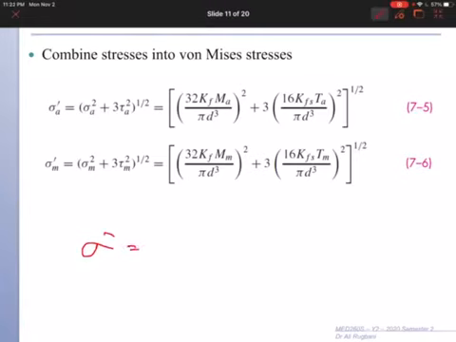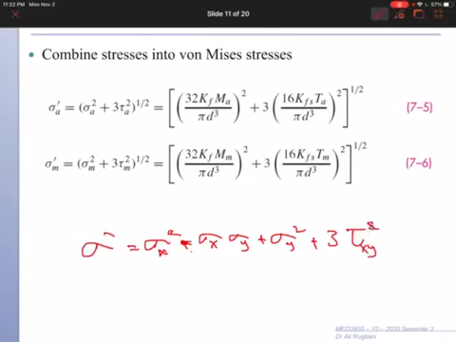Sigma von Mises is the square root of sigma x squared minus sigma x sigma y plus sigma y squared plus 3 tau xy squared. Okay, this is sigma von Mises.